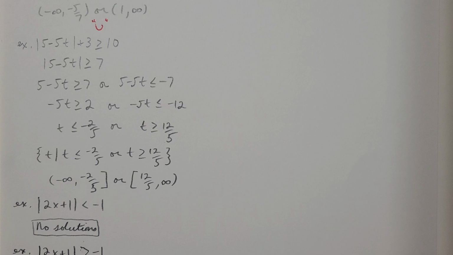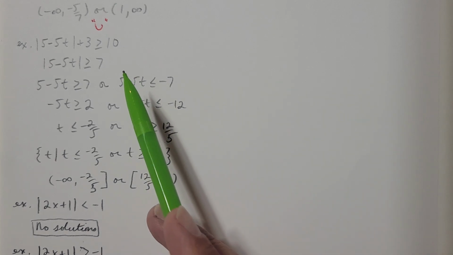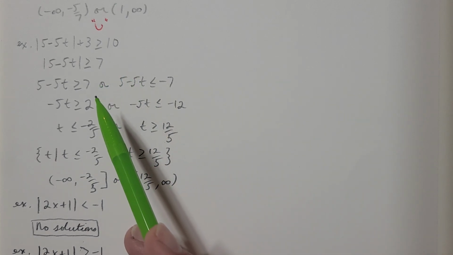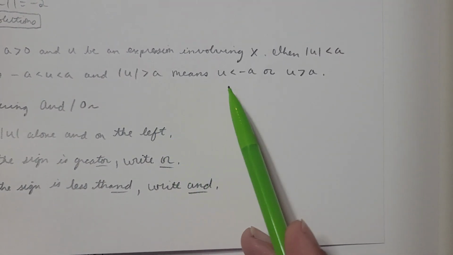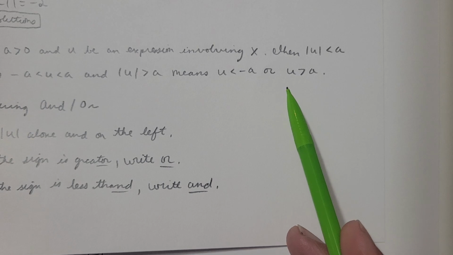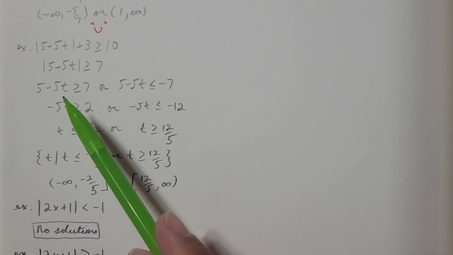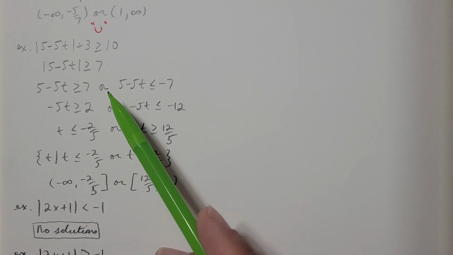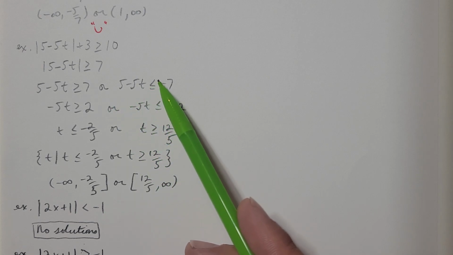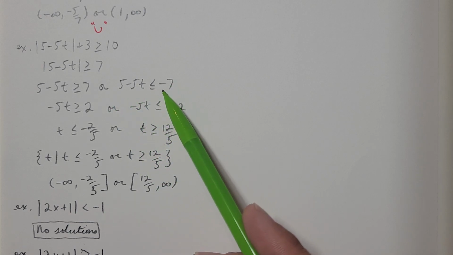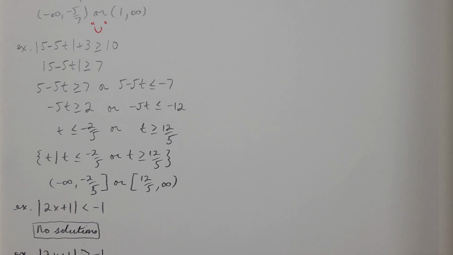Since that's a greater than or equal to sign, I'm going to have 2 inequalities where I lose the absolute value bars. Here they are. The first one is like pretending that the absolute value bars aren't even there. Or, that's a key word, right? Or. The other one, I need to flip the sign and then throw a negative on the right. So 5 minus 5t is less than or equal to -7.